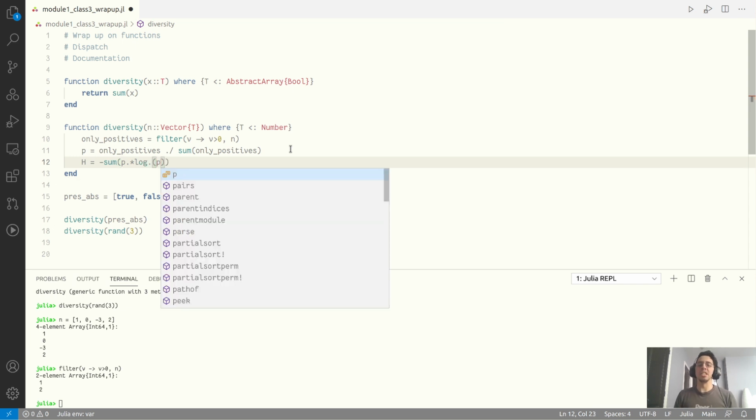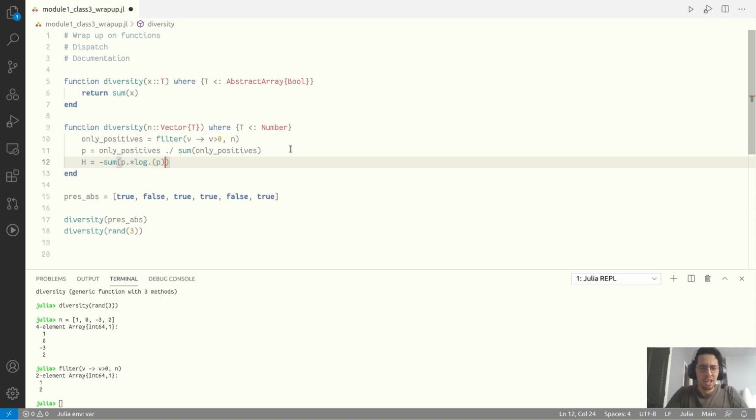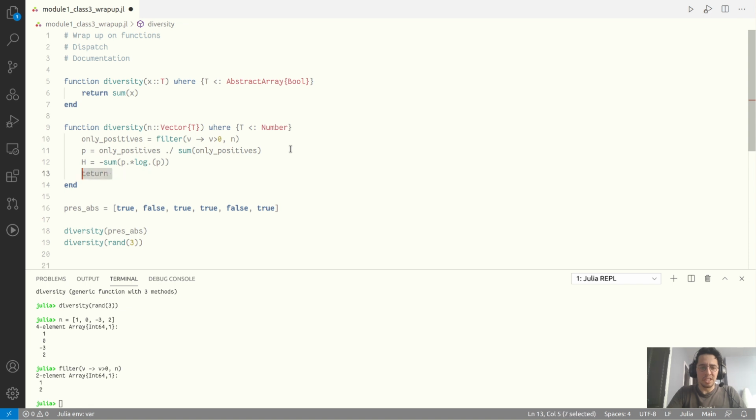And remember that using the dot here means apply the function to all of the elements. So log dot p means take the log of the values within p. And we can return that. So we can return h.